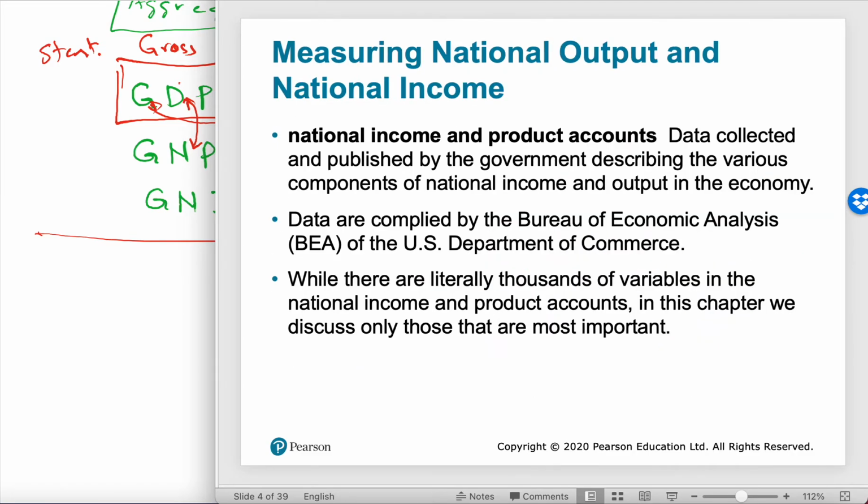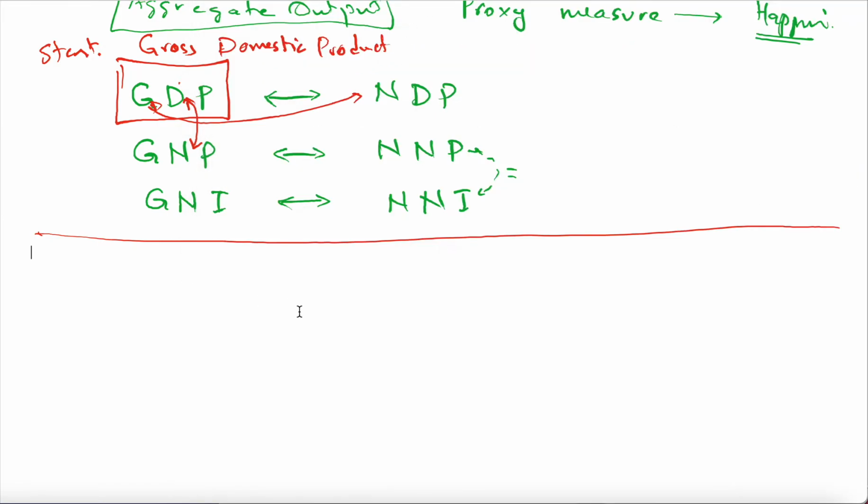So let's see where we started and where the measurement of the GDP came from.